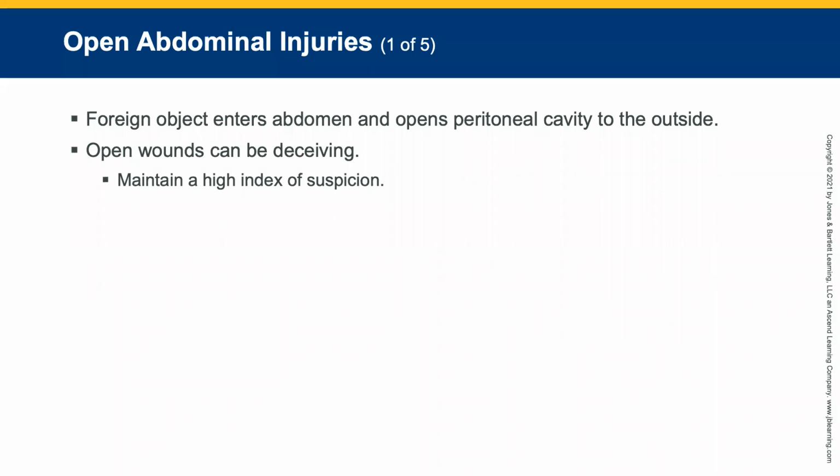So we're going to have a high index of suspicion because of what we see, but the damage to those organs could be internal, or they could be outside and perforated, and they potentially can become life-threatening. If you see an evisceration, that is not necessarily a life-threatening concern, but we don't need to let it go unknown. We need to make sure we see it, treat it, and work with it so we know how to move forward.